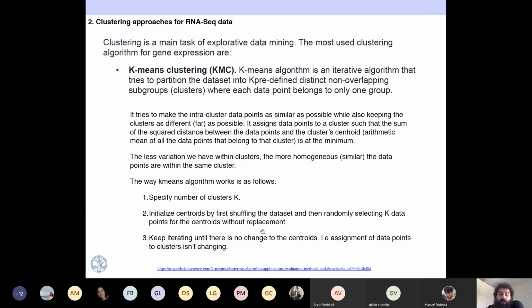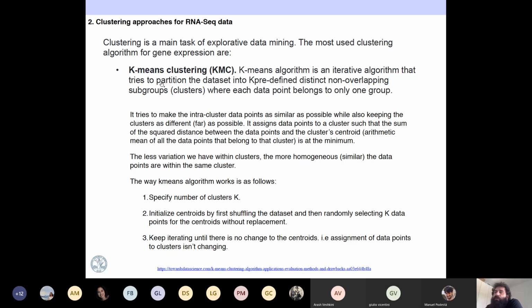Meanwhile, with k-means, you predefine the number of clusters, and then you try to assign all these groups to this number of clusters. Okay, so that is the idea here. As I put in here, it tries to make data points within a cluster as similar as possible, while keeping the clusters as different from each other as they can.